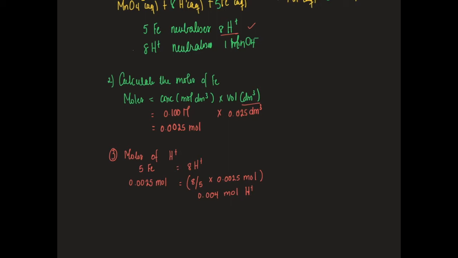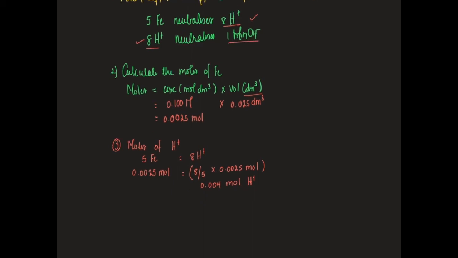We can move on to this point here, which tells us that 8 moles of sulfuric acid neutralizes 1 mole of permanganate. So this is part A to number 3, and we can go on to part B, which states that, let me write this in a different color, 8 moles of sulfuric acid equals 1 mole of permanganate, and we just figured out the moles of sulfuric acid, which was 0.004 mole.